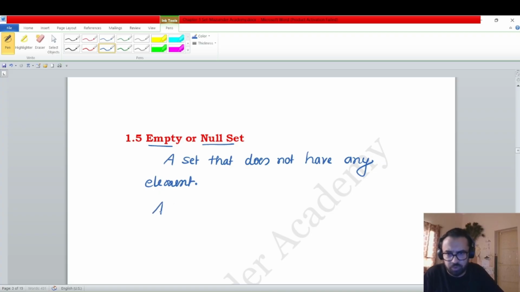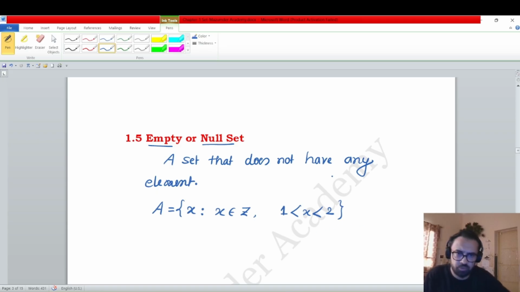Suppose capital A is a set, all those x such that x is an integer and 1 less than x less than 2. So basically, how many integer elements are there between 1 and 2? Nothing.